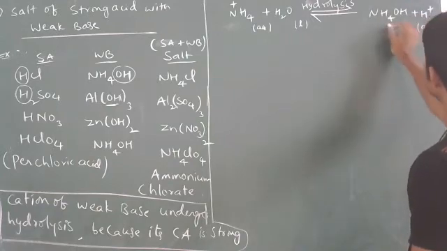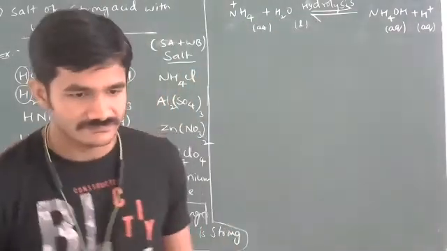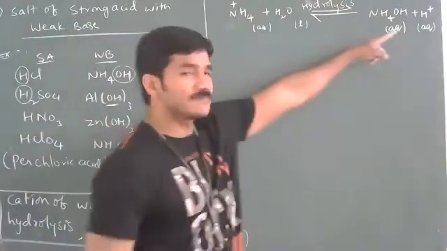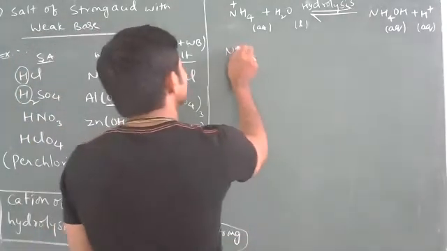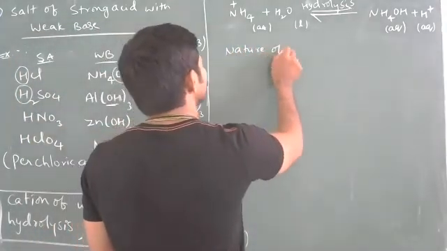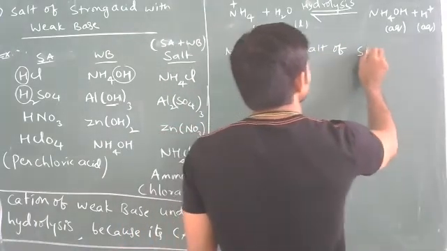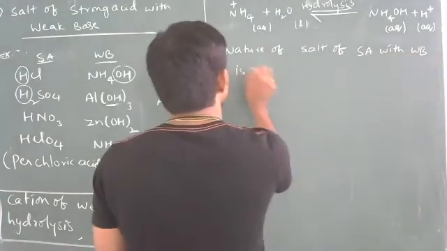Now can you tell me what is the nature of this? NH4 plus dissolves in water, forming H plus ions. When H plus ions are liberated, that type of nature is what? Acidic. So the nature of the salt of strong acid with weak base is acidic.